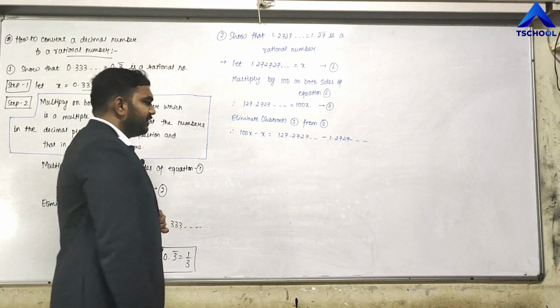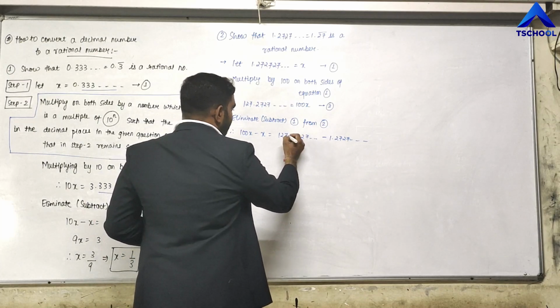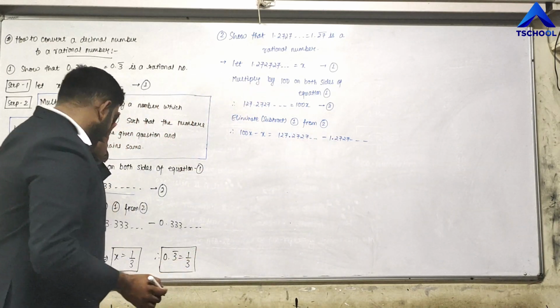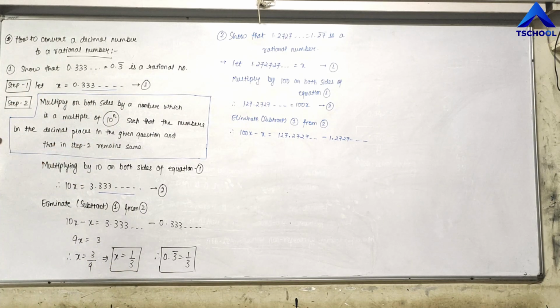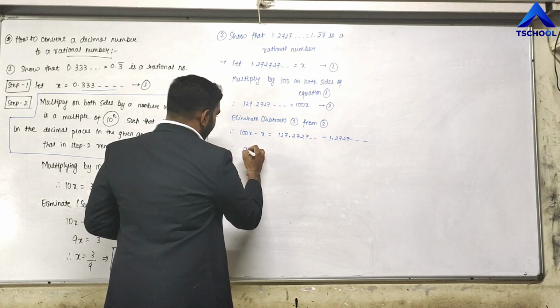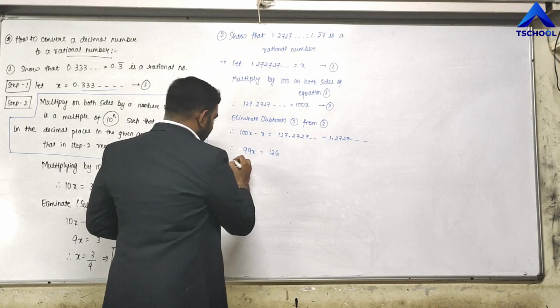If you subtract this, you come to the conclusion that the numbers after the decimal places in 1.27 and 127.27 are being cancelled. Therefore 100x minus x, that is 99x, is equal to 126.